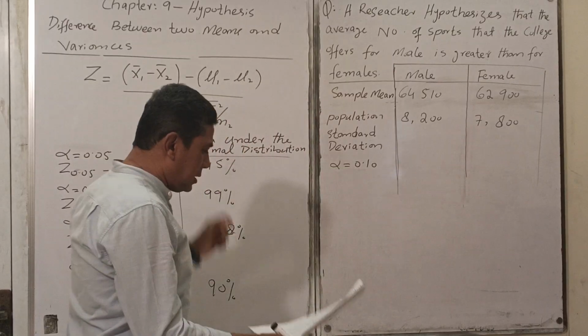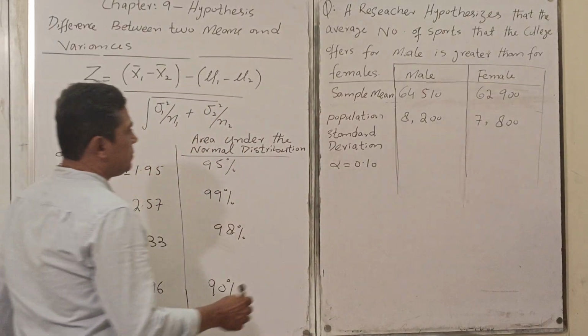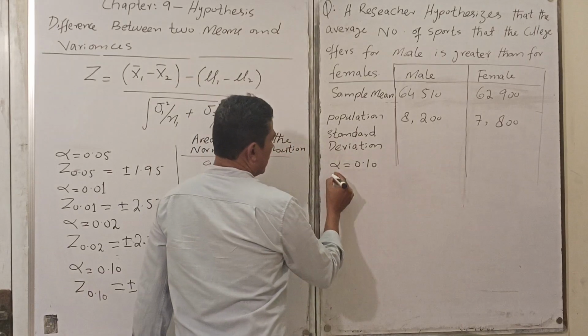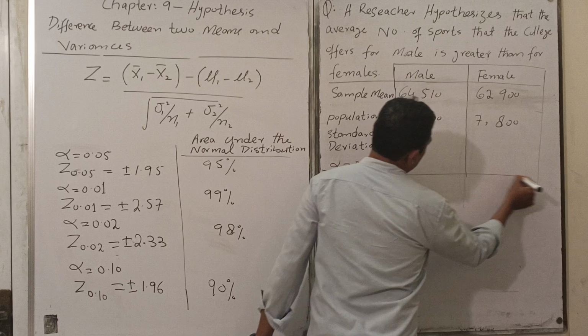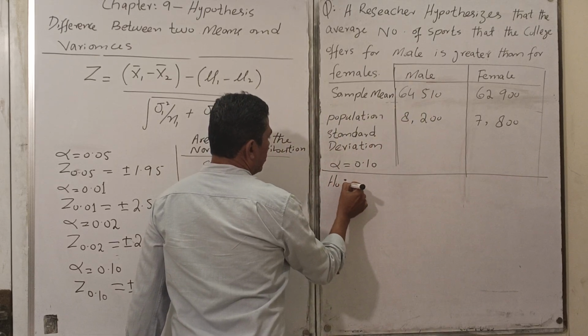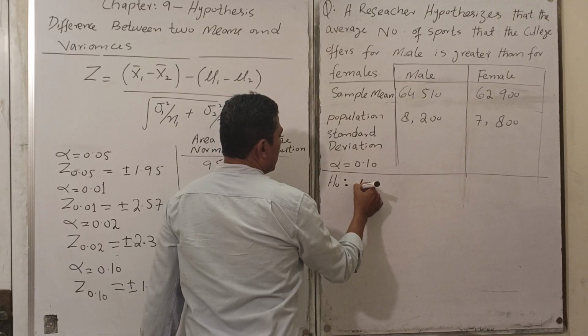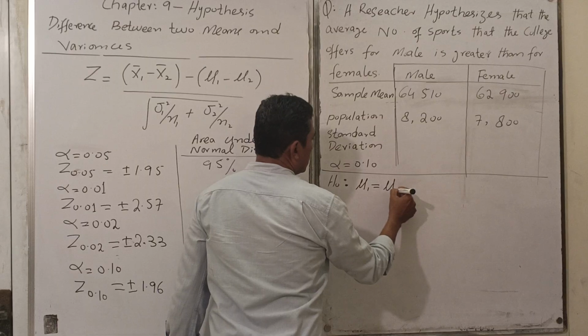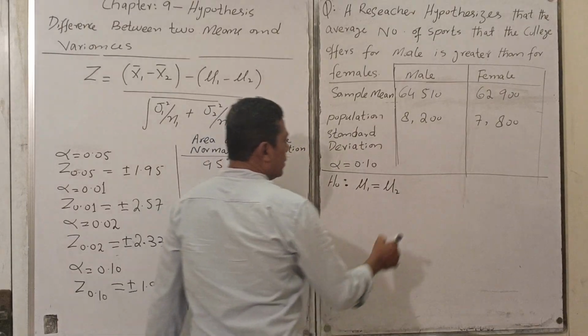So it means, what about your H naught? Solution. H naught is mu1 equal to mu2.